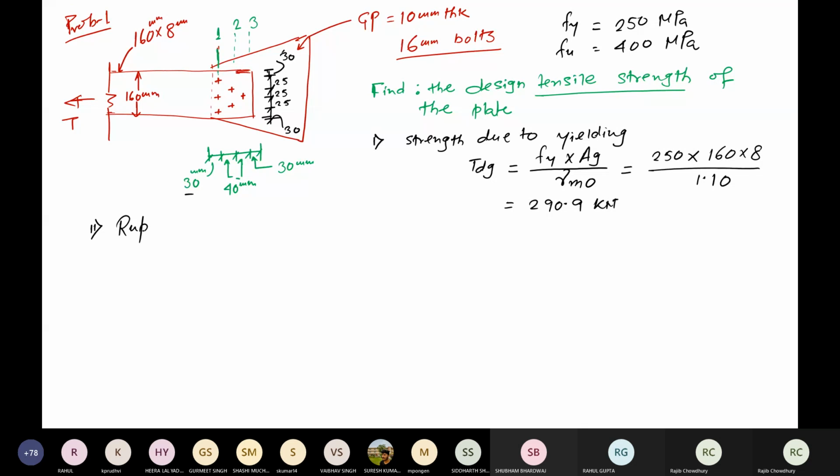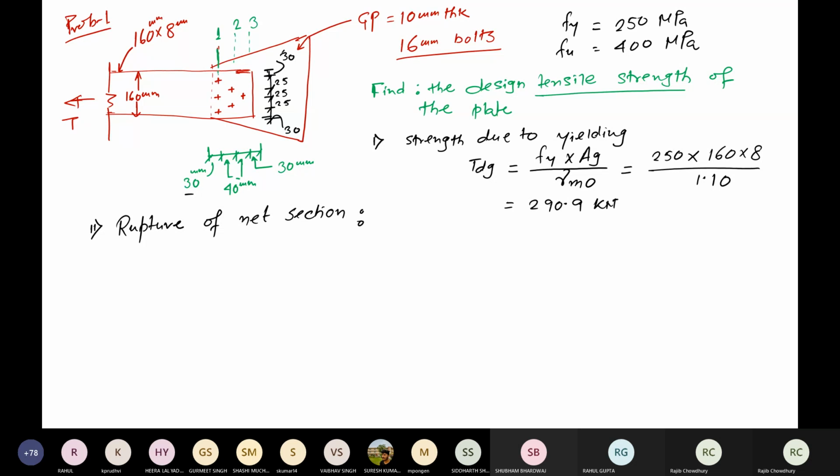The second one is called the rupture of the net section. So the net section we have to identify or calculate. How do we calculate the net section rupture?